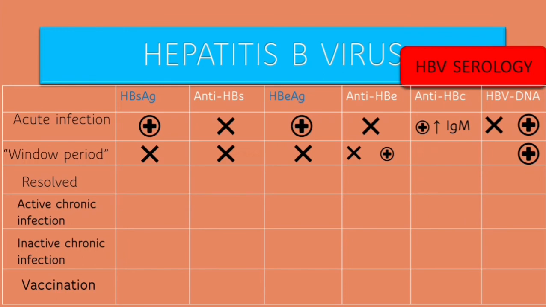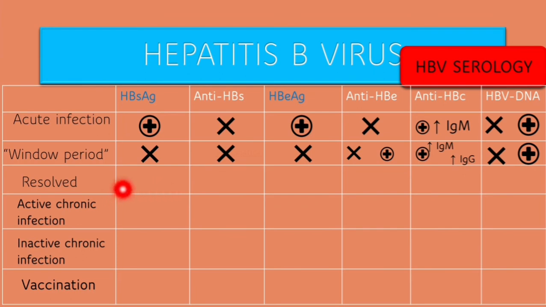The same applies to anti-HBc, the antibodies against the core antigen. At first you see the IgM, and sometimes you also see the IgG at the same time. The same applies to DNA. During this window period, it's usually absent, but at some point it is present. That's why I indicated both.